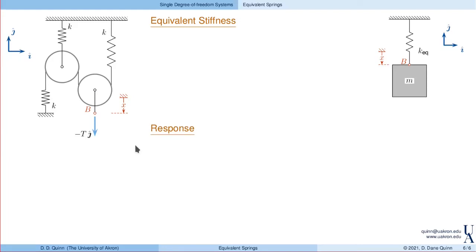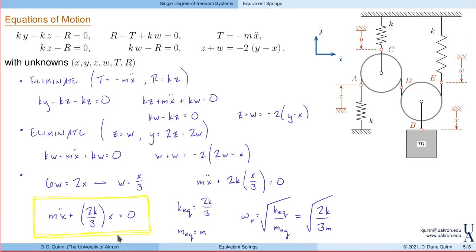But before I get there, I want to talk about this notion of equivalent stiffness. If I look at this pulley system, it's attached to the mass, and it provides some stiffness. This is where the 2k over 3 times x term came in. Well, I can think about that stiffness as an equivalent spring.